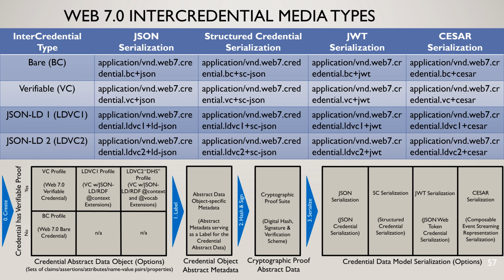And really, the different categories are a cross product between the internet credential type, bare, verifiable, JSON-LD1 and JSON-LD2, crossed with the serialization.